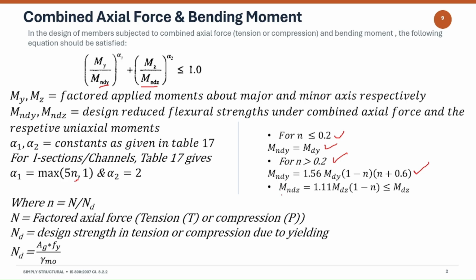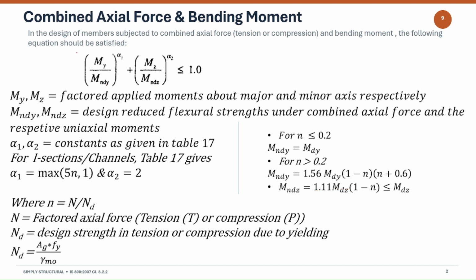What is the formula for Mndz? As per the code, it is given by this formula: 1.11 Mdz (1 minus n), and in any case it should be less than or equal to Mdz. From this we'll get the combined interaction ratio.